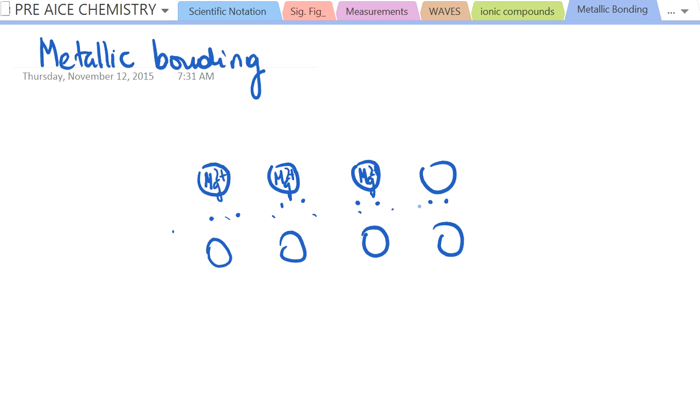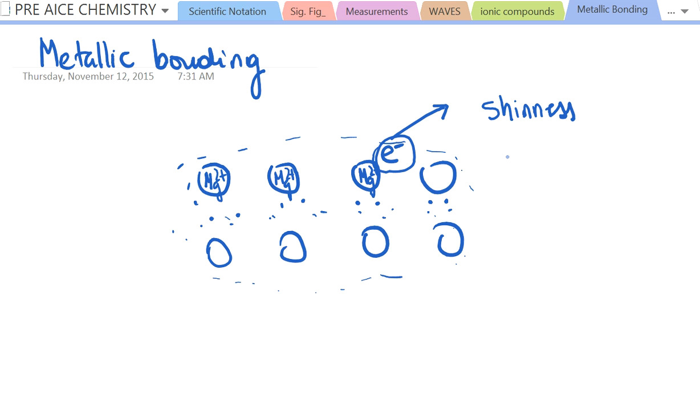So we are going to have millions of electrons because we have millions of atoms going around the metallic lattice. The electrons on the surface are going to be responsible for the shininess of the metals.